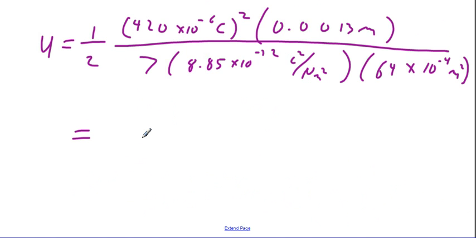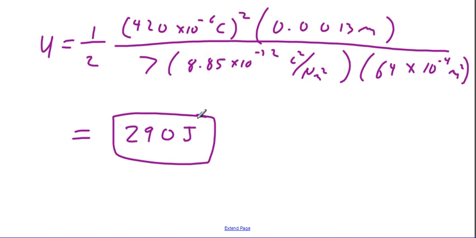How many significant digits? There's 2 significant digits, so I'm going to round my calculator down to 290 joules. Okay.